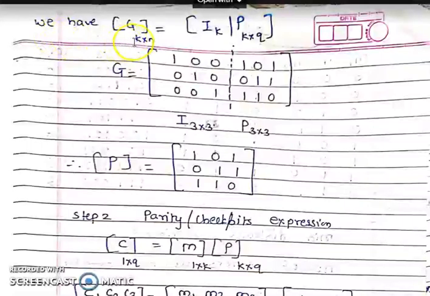We have the generator matrix equation: G is equal to the identity matrix followed by the parity matrix, so the generator matrix is of dimension K into N, the identity matrix is K into K, and the P matrix is K into Q. From the given generator matrix, we will come to know the identity matrix and the parity matrix.